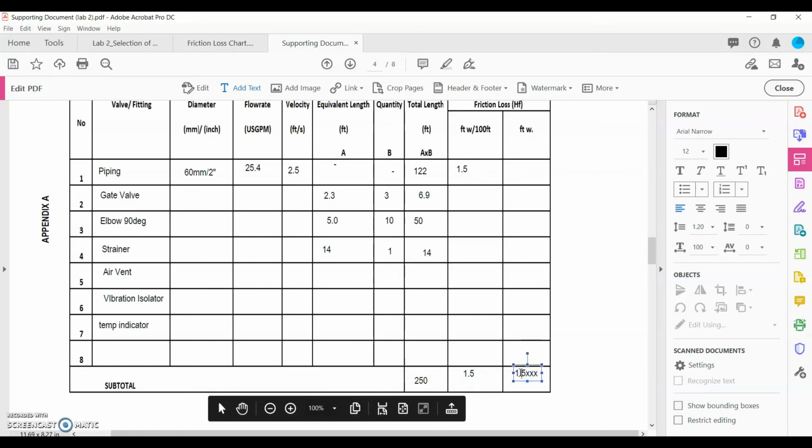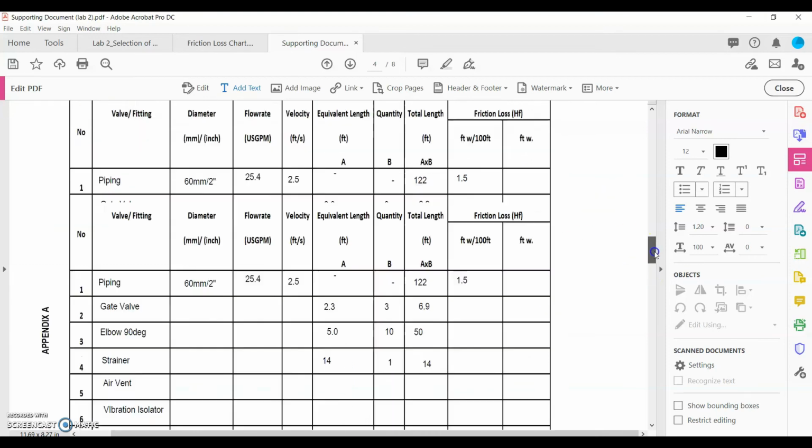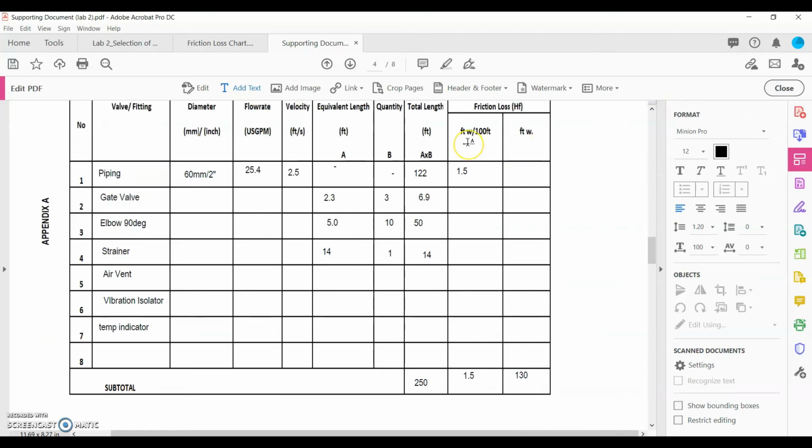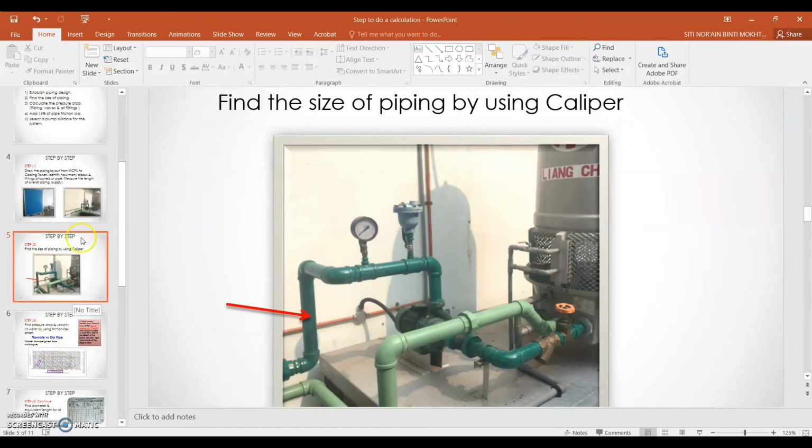Okay, alright, let's say, for example, 130. Okay, so that settles your friction loss part. So you get 130 feet water friction loss. W is water, feet water. Okay, and then go back to your slide.